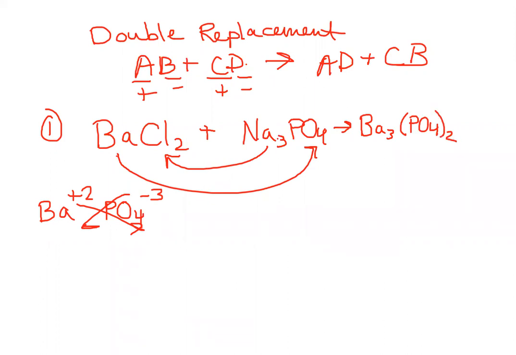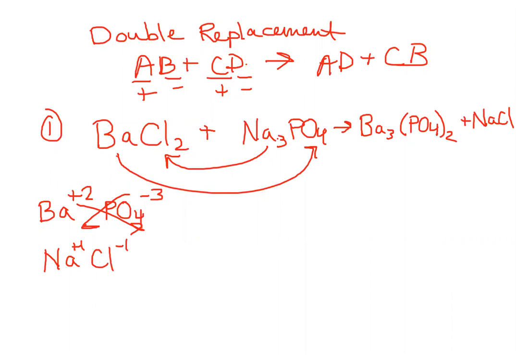And then we've got sodium and chlorine, and those are +1 and -1, right? Yep, because we know that that is salt, NaCl. Okay, that's how you decide what goes there.